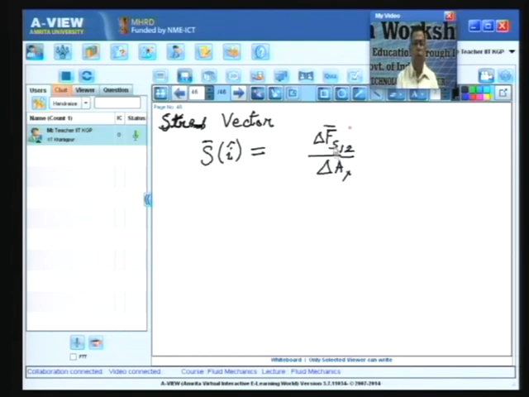So, this gives the intensity of the force, and the units will be newtons per meter square. So, this is the average stress on that plane.